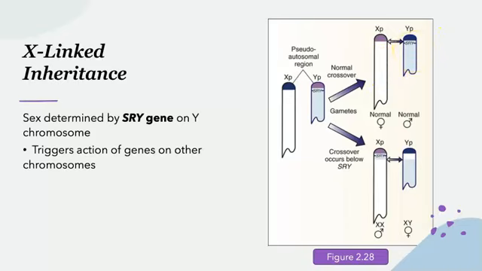Now, sometimes we can have a crossover take place on the centromeric side of the SRY gene, and this could cause it to move over and be found on the X chromosome instead of on the Y chromosome. And so the offspring that gets this gene on the X chromosome could become a male XX person and may resemble a male that has Klinefelter syndrome that we talked about earlier.